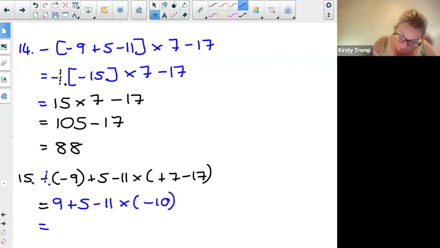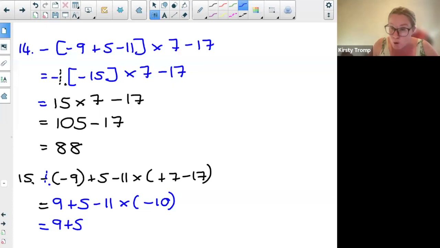Right, so now I've got 9 plus 5, and I must remember the numbers wear clothes. So this is -11 times by -10. Can you see it, guys? This negative belongs to that 11. Be careful. Numbers are not naked.